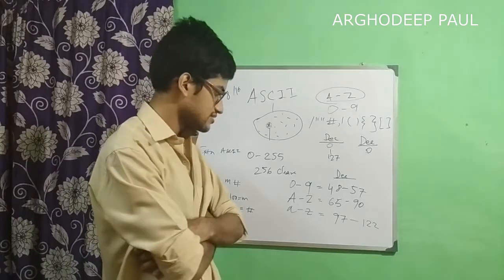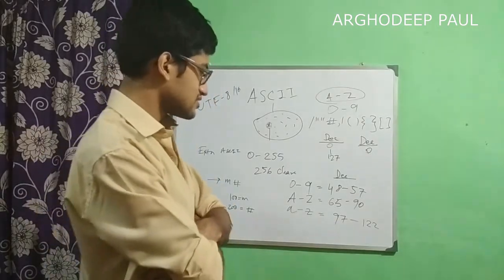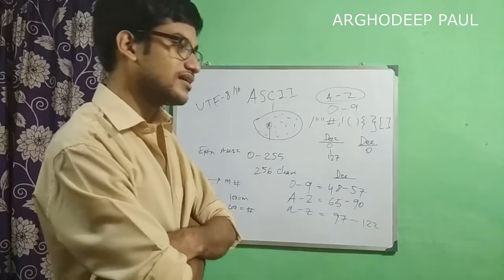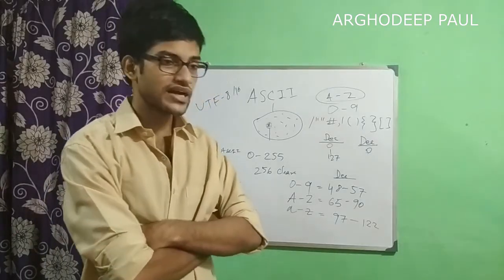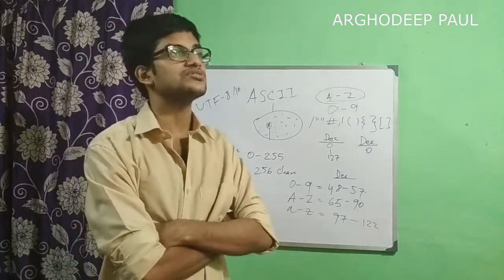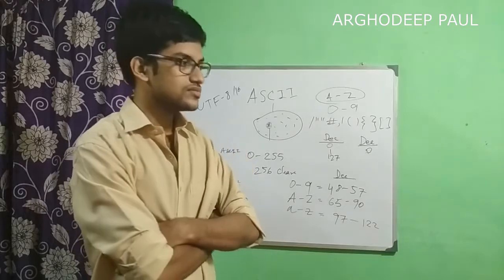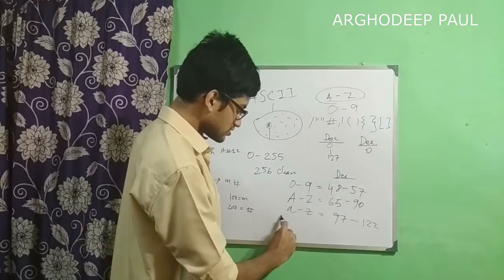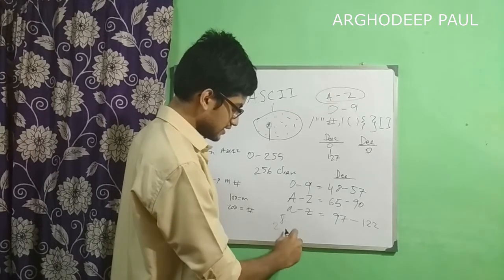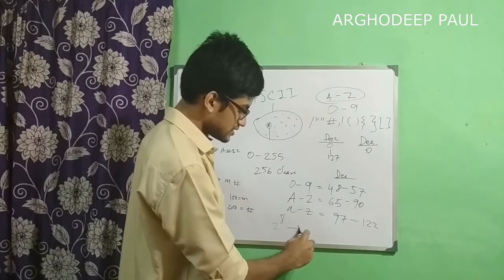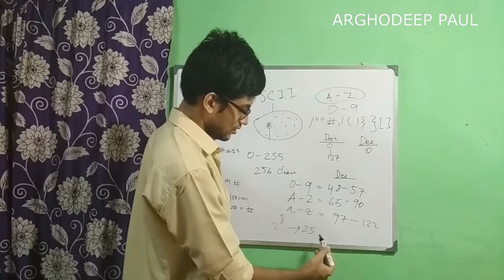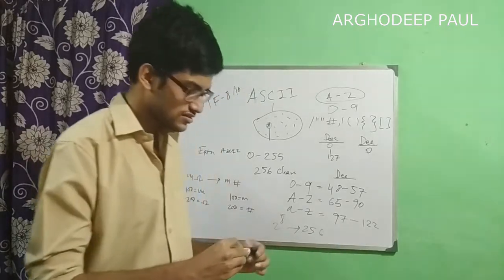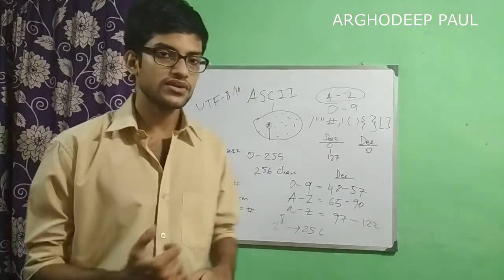If you are extending the ASCII, then you can omit that parity bit and place another bit which could be 0 or 1. So then the case will be 2 to the power 8, not 2 to the power 7, and this will support 256 characters, which is the decimal range from 0 to 255.